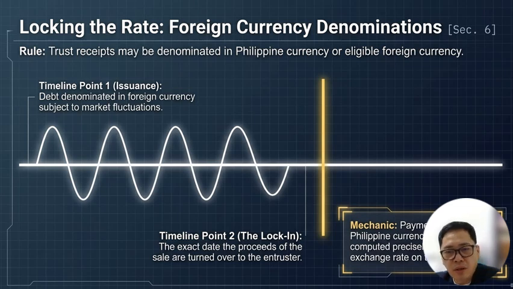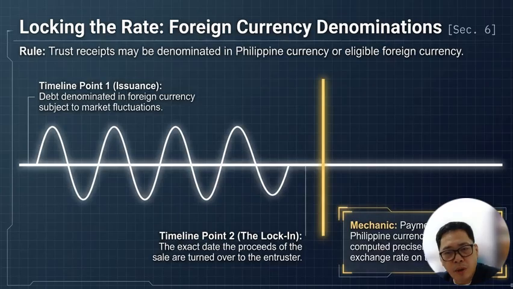So, computing the exchange rate, the law also dictates exactly how to calculate that equivalent value to avoid disputes over fluctuating currency values. The foreign currency must be computed at the prevailing exchange rate on the exact date the proceeds of the sale are turned over to the entrustor.